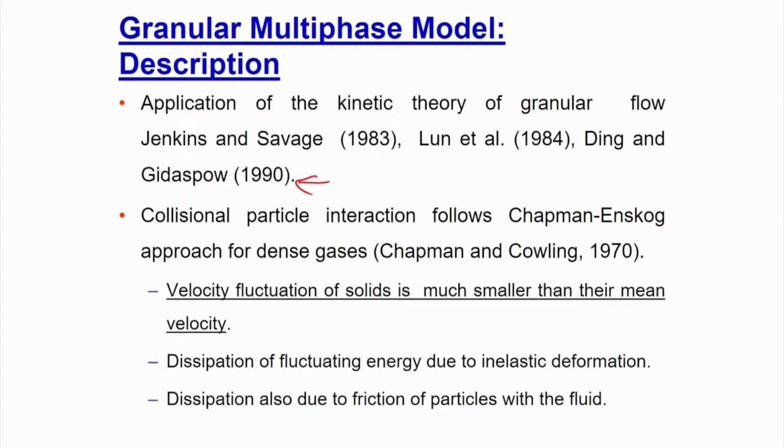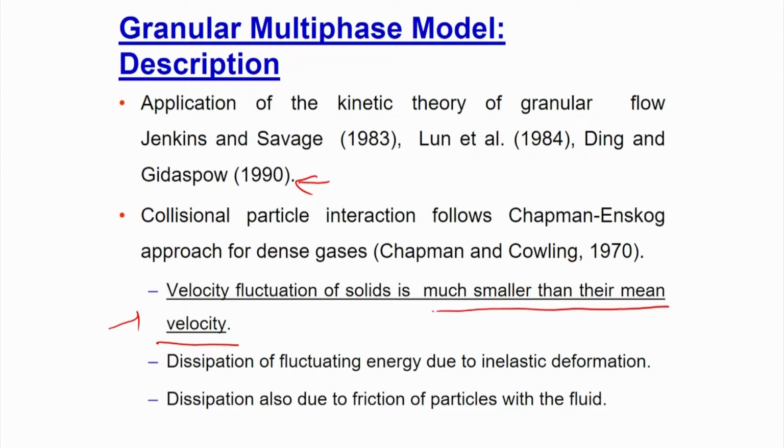So, what is the assumption? The velocity fluctuation of the solid is much smaller than its mean velocity. That is one thing we should keep in mind: if you are using the kinetic theory of granular flow, the velocity fluctuations in the solid should be much lower compared to the mean velocity of the solid.